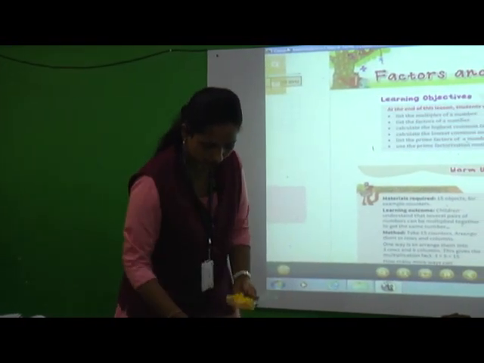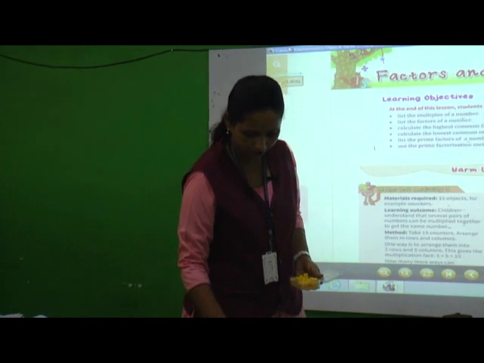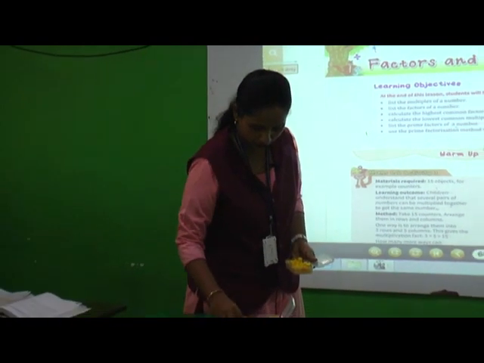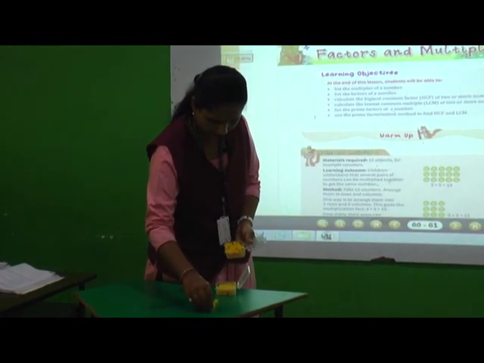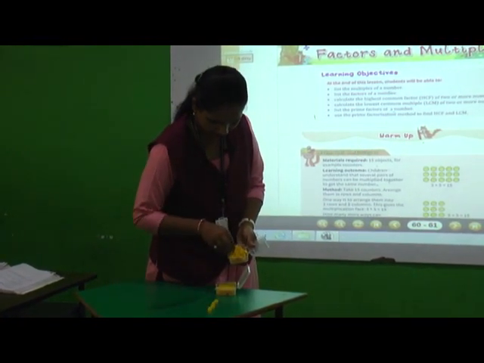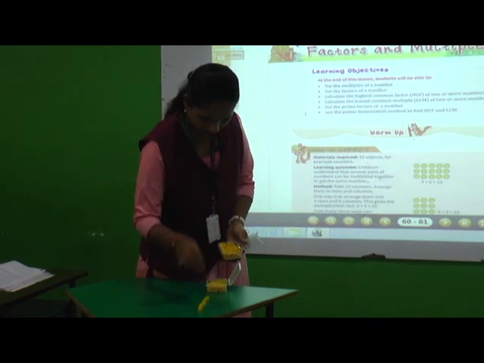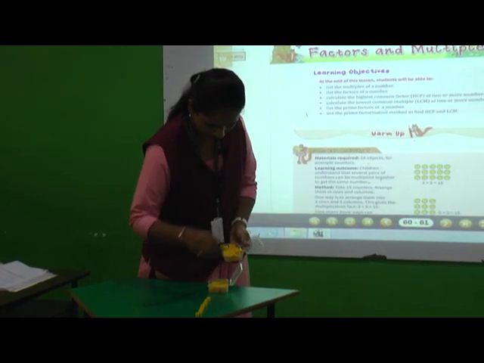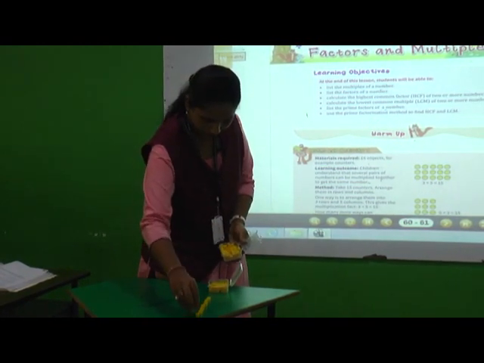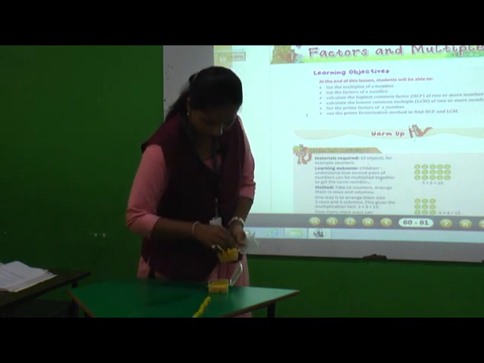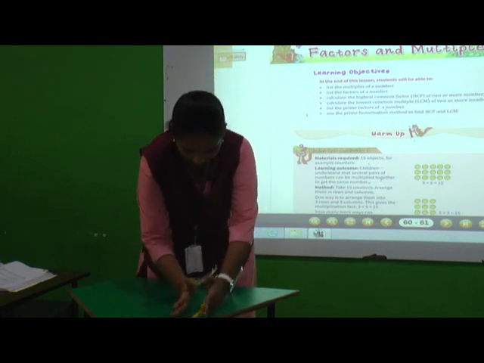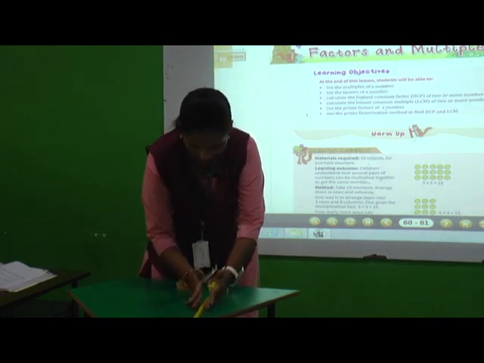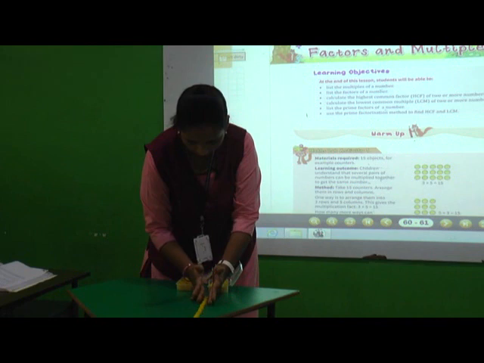Now just see what I am doing. 1 2 3 4 5 6 7 8 9 10 11 12 13 14 and 15. See what I did? I have arranged these 15 squares in one column.